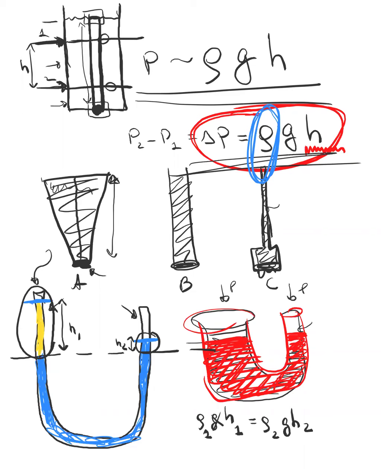So g cancels out on both sides. And if water has higher density, then to achieve equilibrium, you must have oil at a higher level here compared to water.